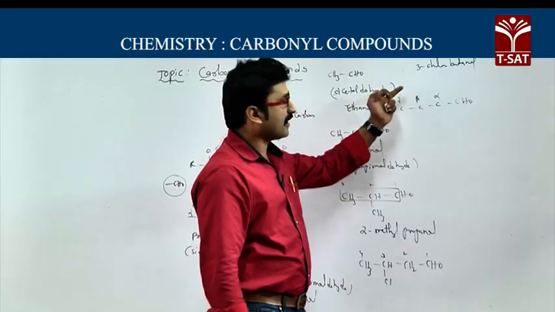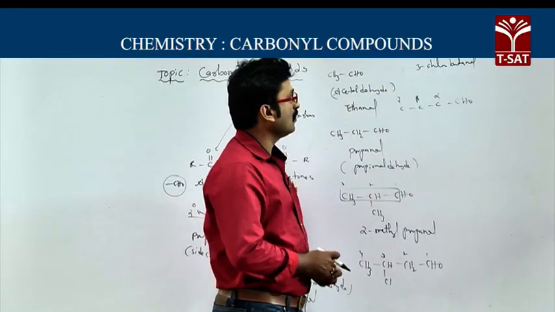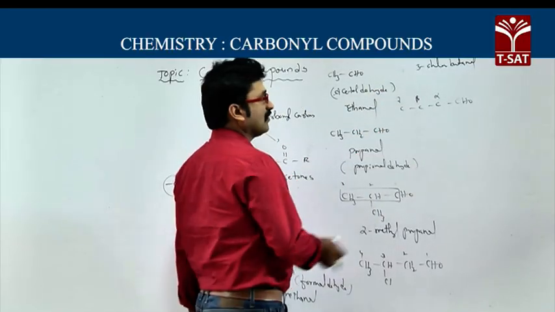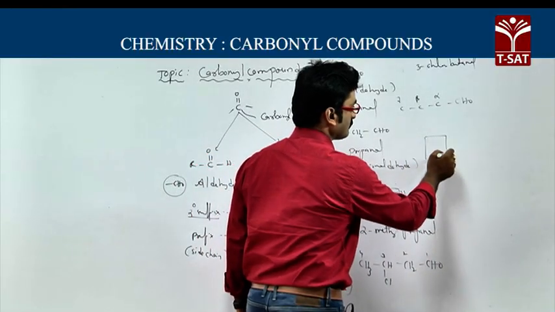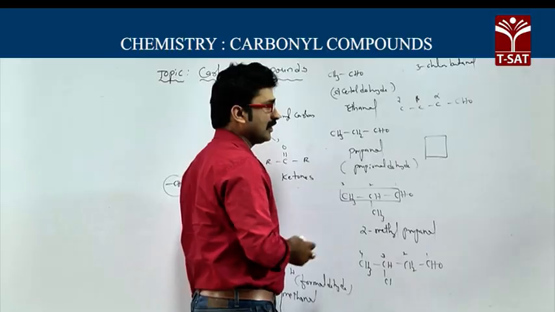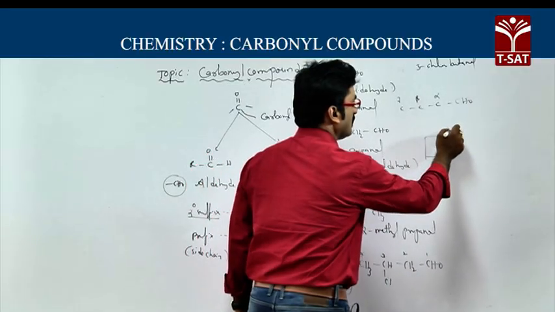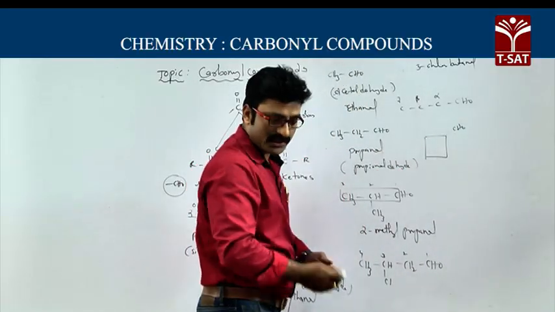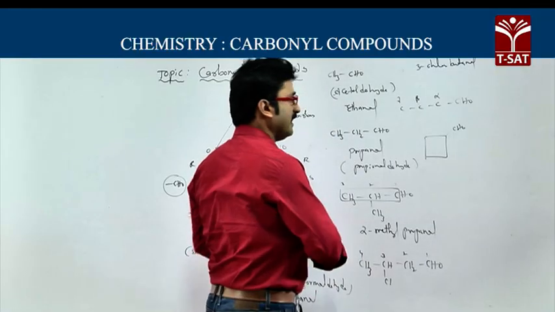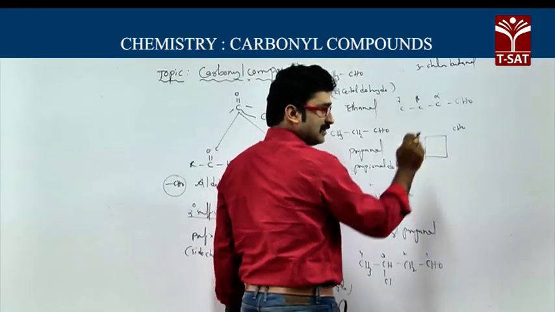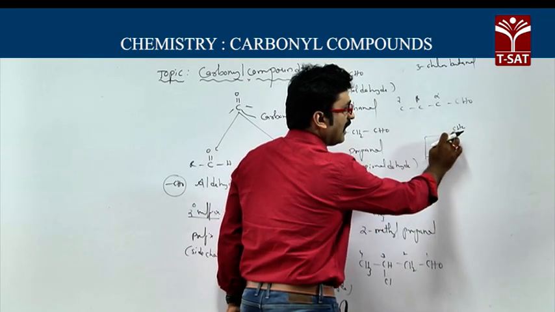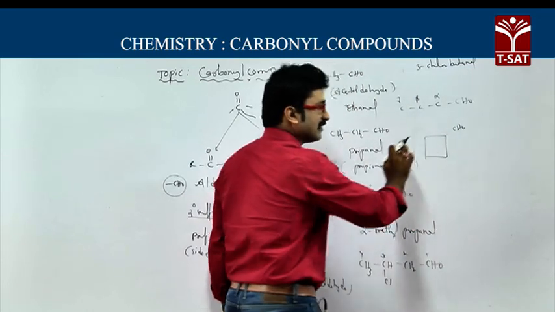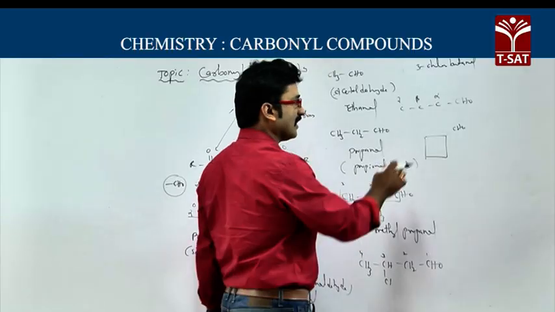But when we come to the IUPAC name, its IUPAC name is 3-chloro-butanol. Now we will go for cyclic compounds. Say I have taken cyclobutane, and if I write CHO here, then the name of this compound is a little different. You know, this is cyclobutane, and this carbon is not included in the cycle.